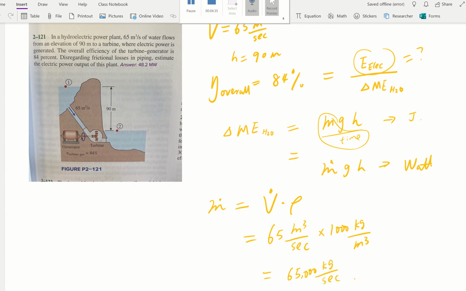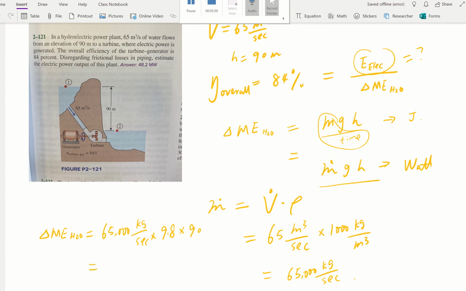Knowing the mass flow rate, we can plug back into this equation. We can find our decrease of mechanical energy of water is 65,000 kilograms per second mass flow rate times our g, which is 9.8, and our height decrease is 90 meters.